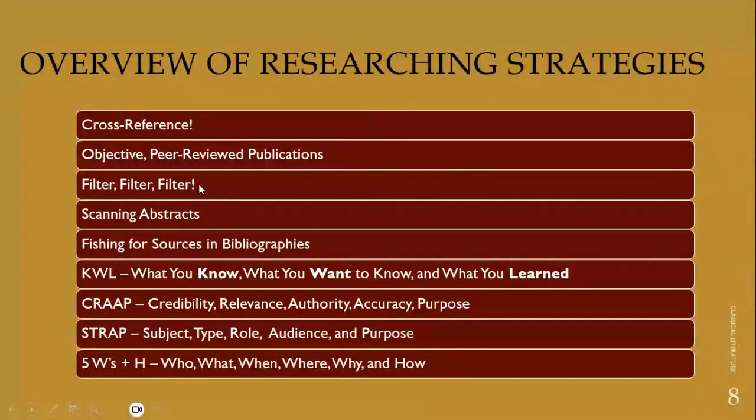Filtering is super important. This is a skill that will lead you to much more success in academic research. So every time you go into the virtual library and type in some sort of phrase for your topic, you're going to get like 100,000, sometimes more, articles that pop up. And obviously, you're not going to sift through all that.